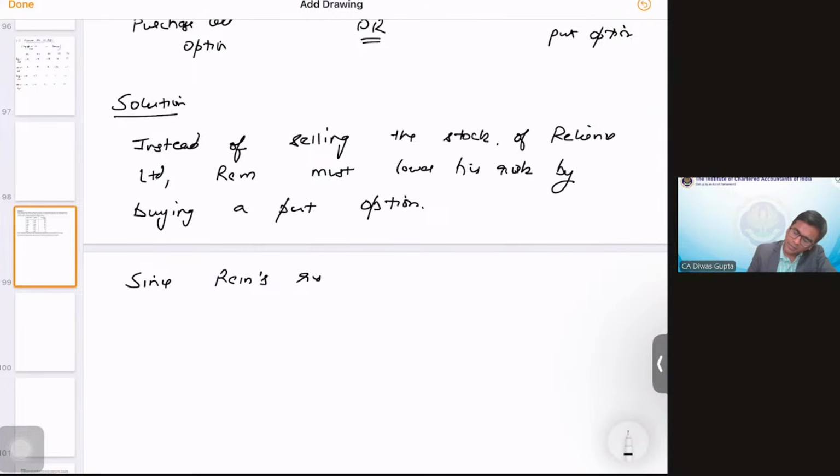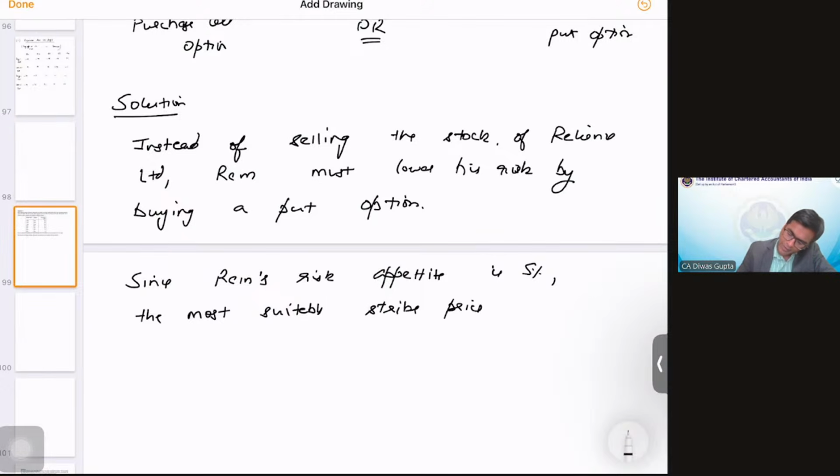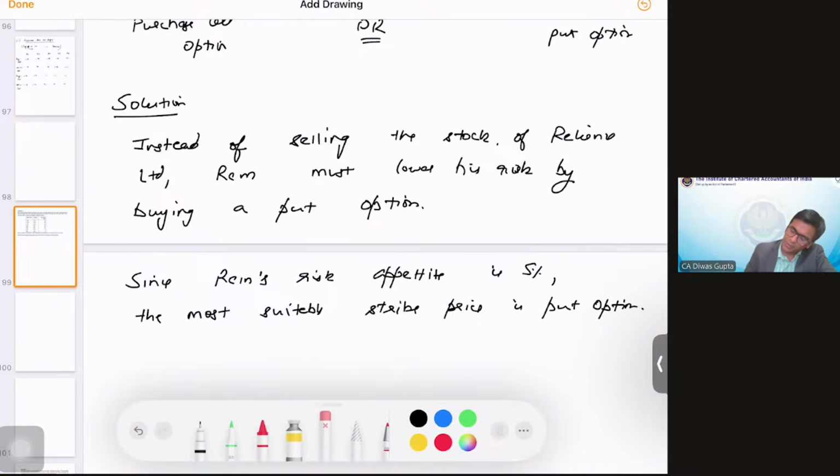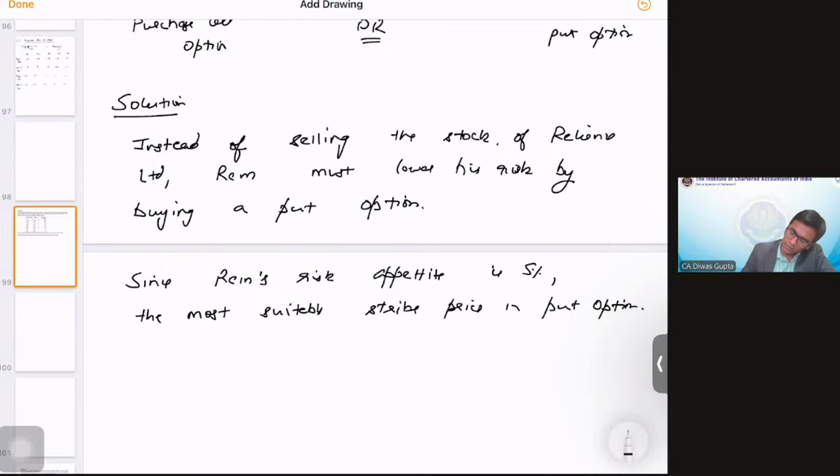Since Ram's risk appetite is 5%, the most suitable strike price in a put option will be 950 rupees, right?